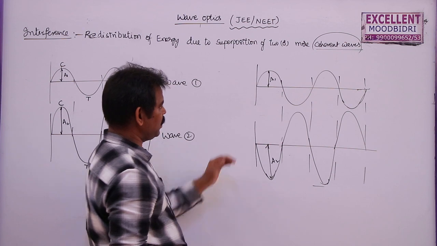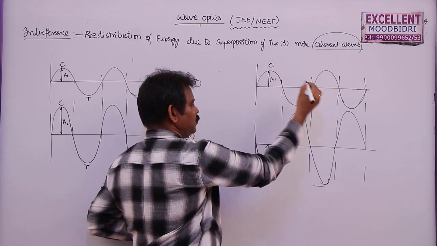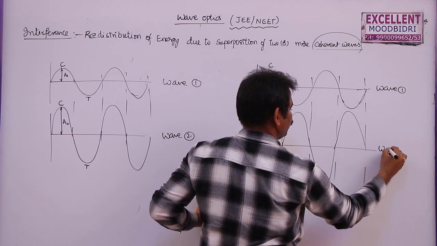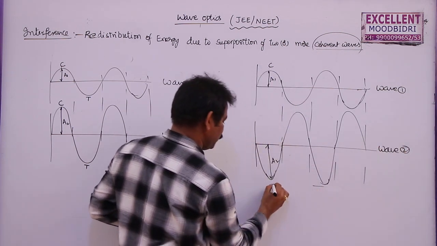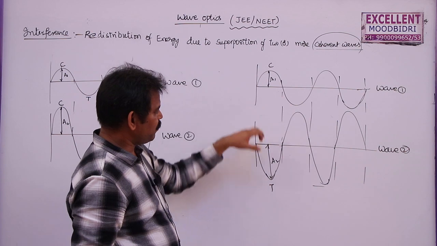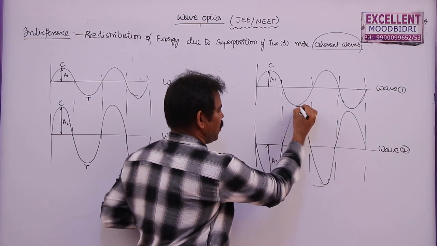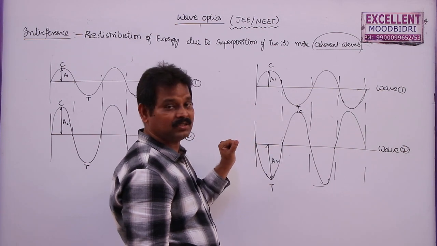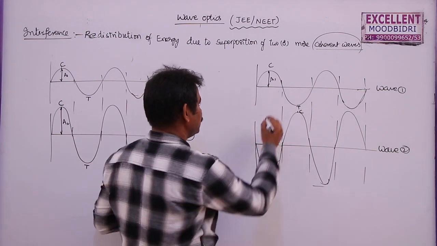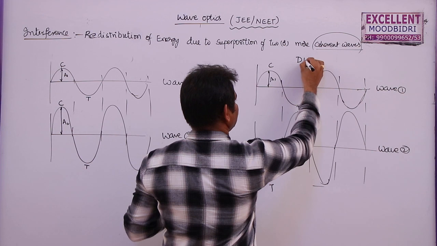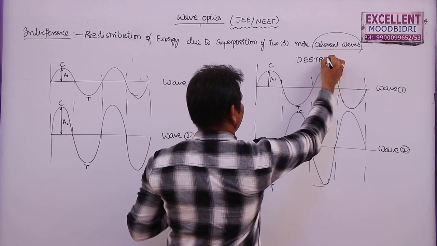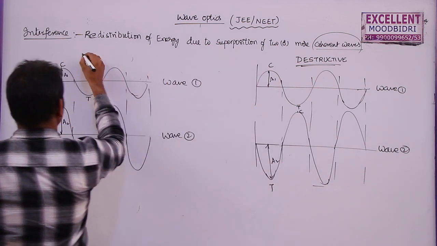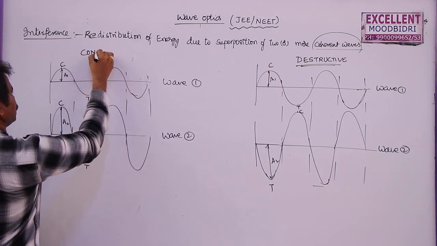You can see here the crest of the first wave, this is wave 1, combining with the trough of the second wave. So when these two combine like this, either the crest of the first wave combines with the trough of the second wave, or the trough of the first wave combines with the crest of the second wave, then destructive interference will take place. We call it destructive interference, and this is a constructive interference.